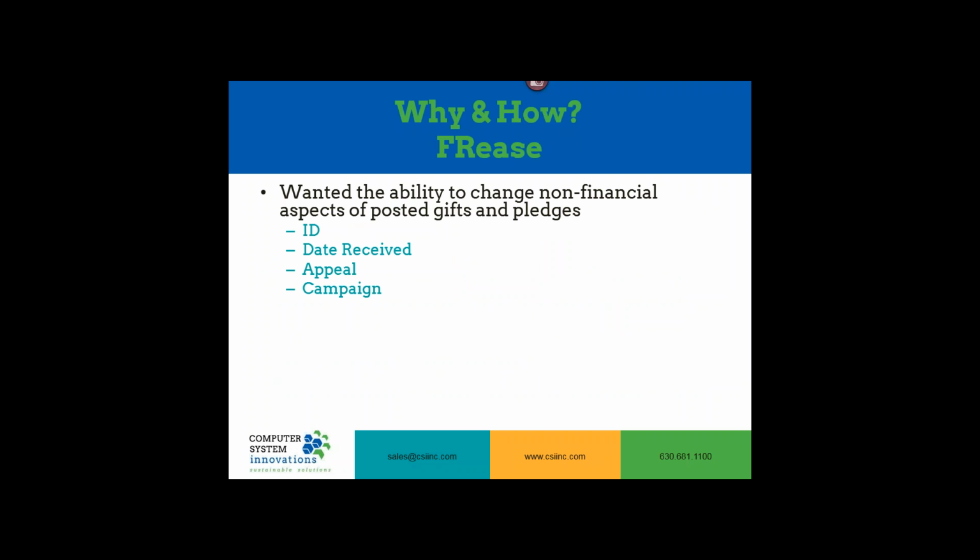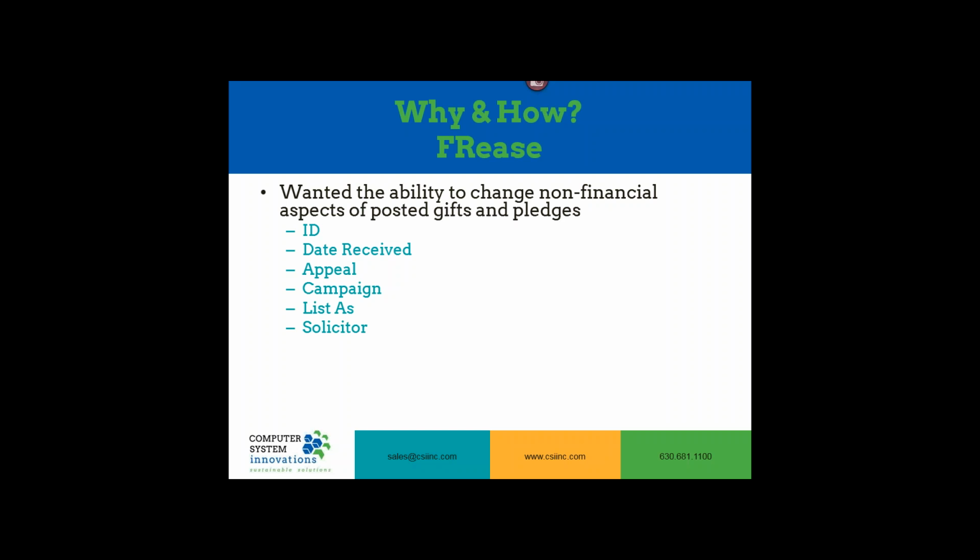All of these are non-financial aspects. Really, in terms of what goes over to your accounting system, none of these actually go over to your accounting system. So the appeal, the campaign, how about the list as? Did you list it as the wrong person? Did they want it listed as Mr. Morris instead of Douglas Morris?